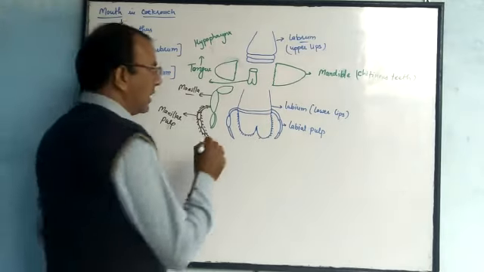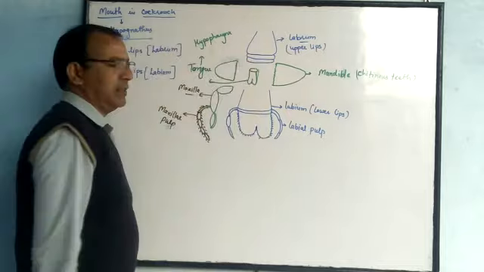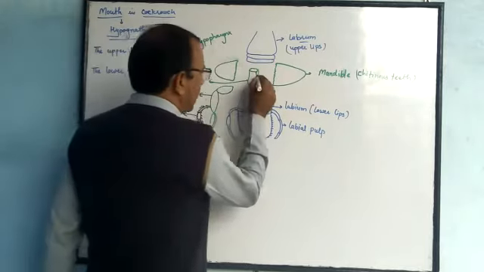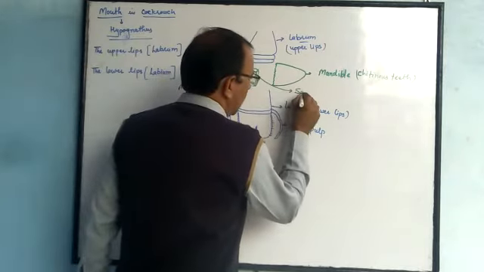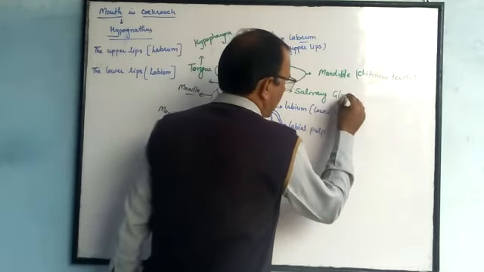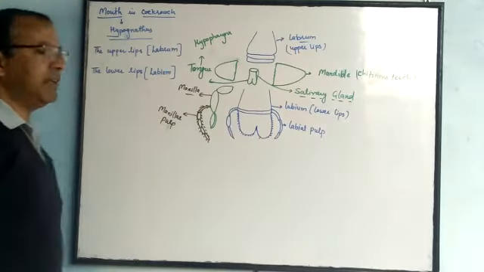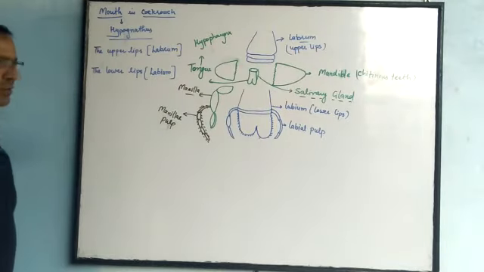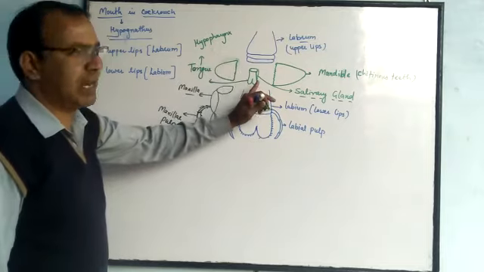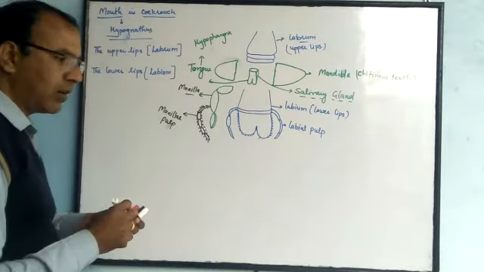Just near the tongue, a gland is attached. This gland is known as the salivary gland. This salivary gland secretes salivary amylase or salivary juice, which helps in the secretion of saliva. This is the mouth structure present in cockroach.